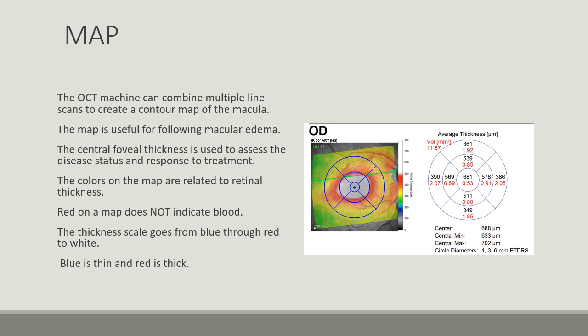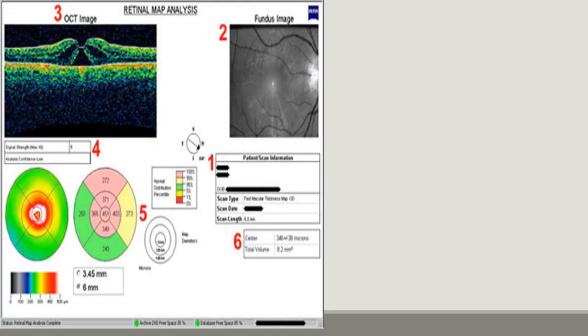Here also false color coding is used, and the red color on this macular map does not indicate blood. It actually shows the thickness. Here we can see a scale. The blue color on this scale indicates thinning, and the red color indicates thickness.